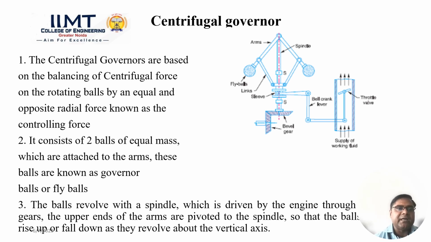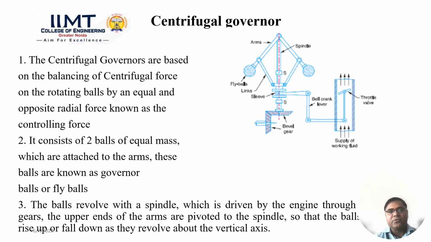Basically, the centrifugal governor is based on the balancing of the centrifugal force on the rotating ball by an equivalent opposite radial force, and that radial force is known as the controlling force. The value of the controlling force is equal and opposite to the centrifugal force when the governor is in the equilibrium position.